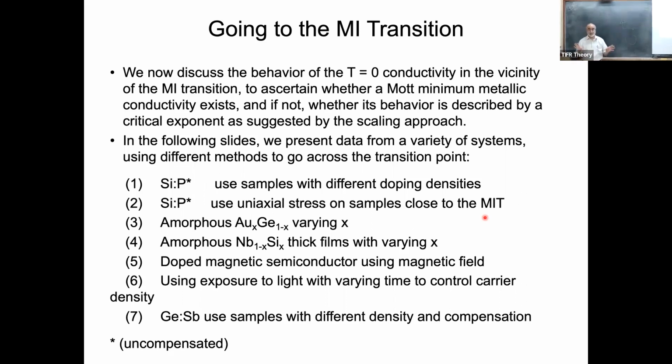Even though these calculations were only done in the 80s, following the scaling theory of localization, in principle they could have been done in the 1970s if people had figured out how to do them. Technically, you have to sum a whole class of diagrams.